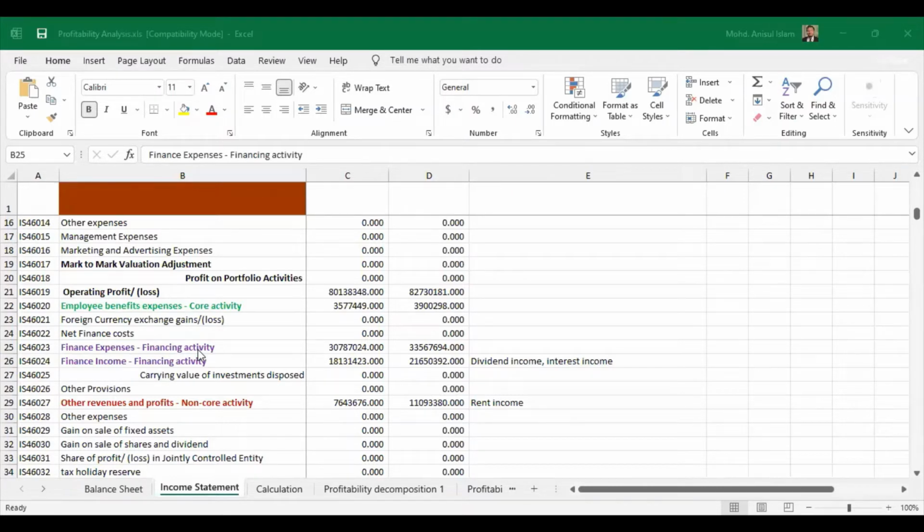Similarly, we see this company also generates financing income from some financing activity. So how is it possible that this company, which produces lamps and bulbs, generates income from financial investment? From the financial statements note, they reported that they have made investment of surplus cash in equity securities.